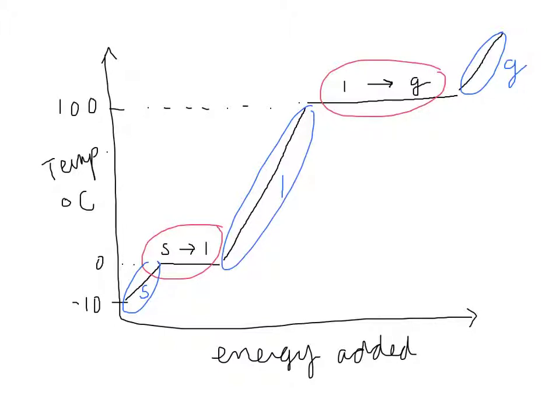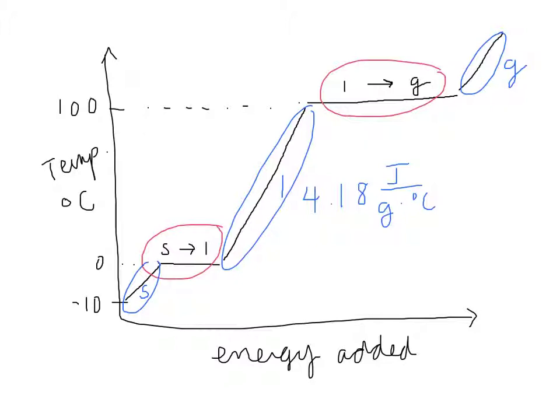Now let's put some numbers to these regions. So we've already dealt with one of these numbers in a previous slide. You might recognize this number as 4.18. Remember, this is the energy, or the joules required to change 1 gram of water 1 degree Celsius.